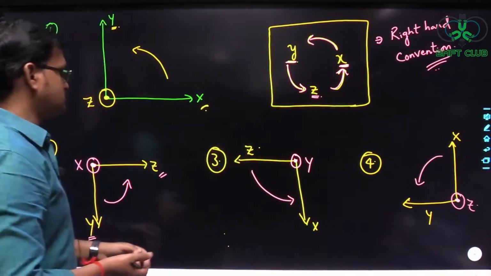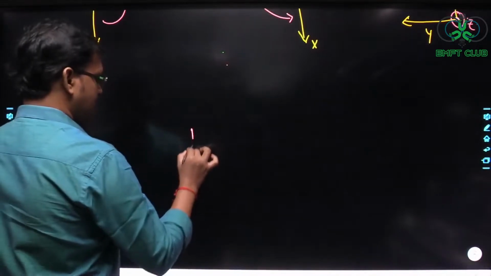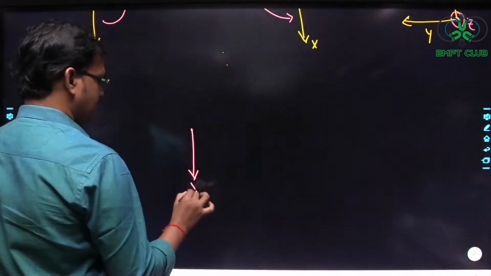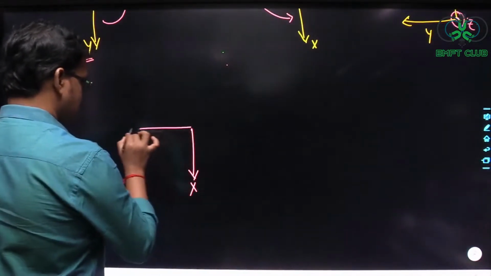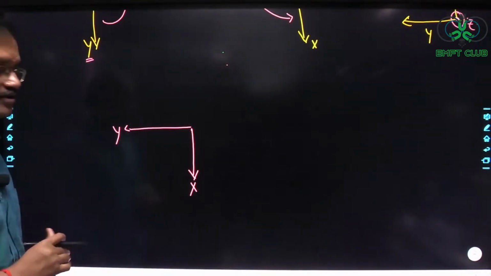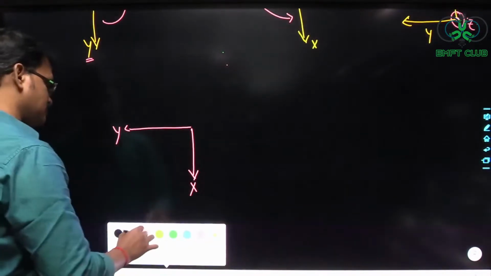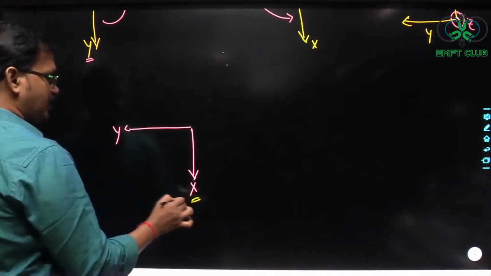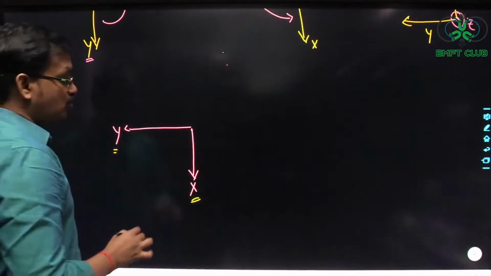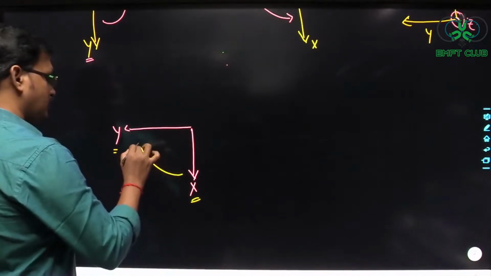See, one last example here. Let us take this as the x-axis, right, and this as the y-axis. What is the direction of the z-axis in this case? Here you are having the x-axis and y-axis. So you have to curl the four fingers of your right hand from x to y.